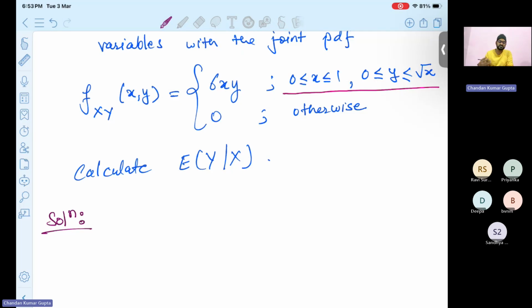The first thing is, what is the formula? Obviously, the formula for the expectation of y given x.